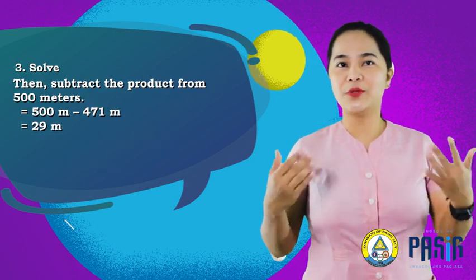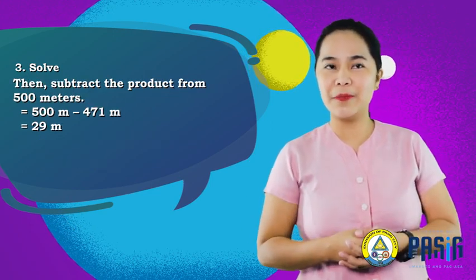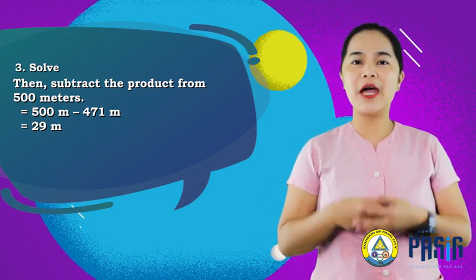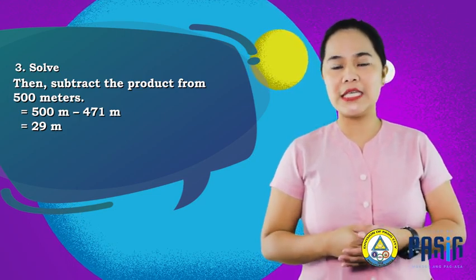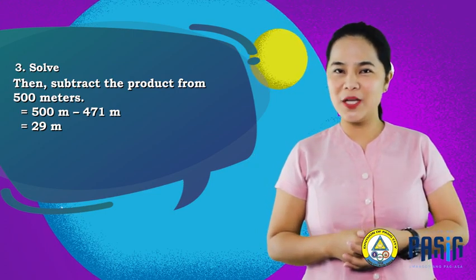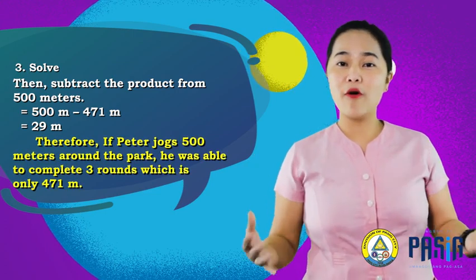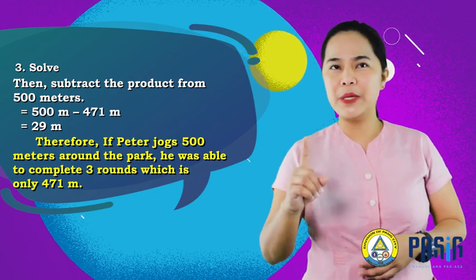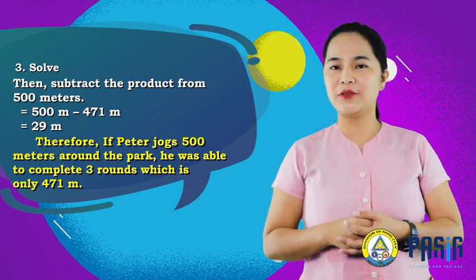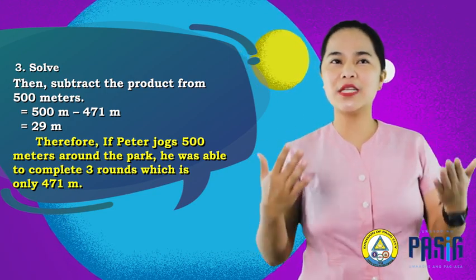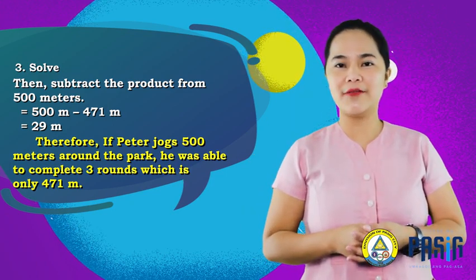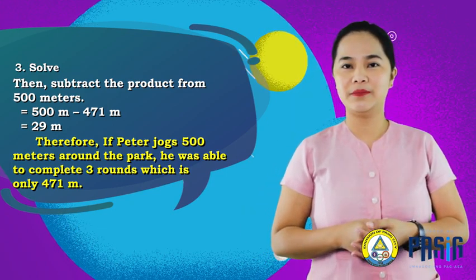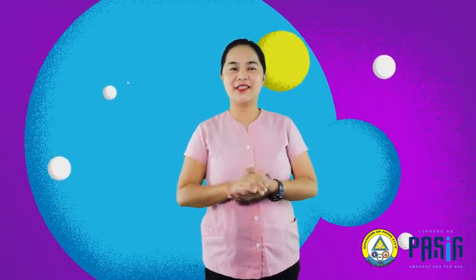Then, subtract the product from 500 meters. So, 500 meters minus 471 meters is equal to 29 meters. Therefore, if Peter jogs 500 meters around the park, he is able to complete 3 rounds, which is only 471 meters. Now, let's verify if the answer is correct.